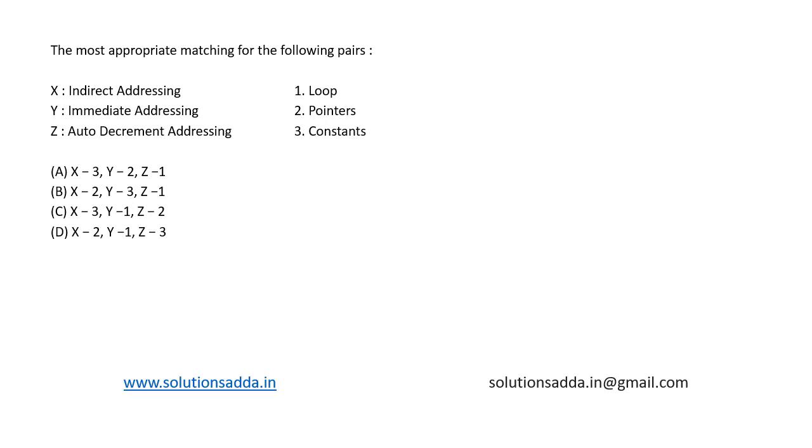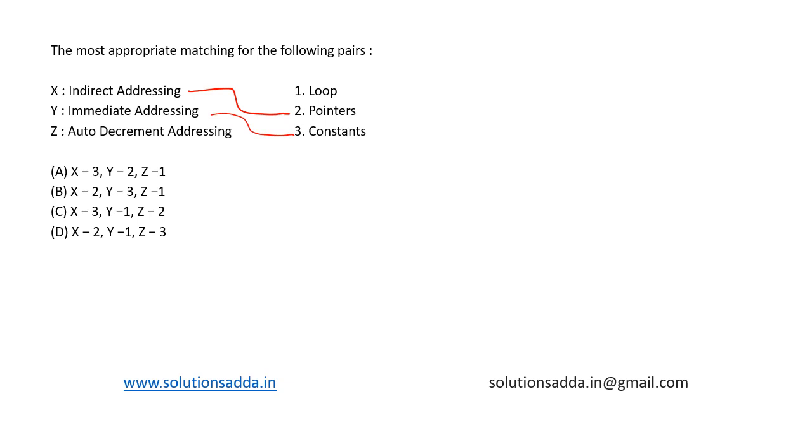It is indirectly specifying the address of the memory location where the data is stored. So it is indirectly calling pointers. So X points to 2. Next is immediate addressing. In immediate addressing mode, the data to be used is immediately given in the instruction itself. So it deals with constant data. So Y is 3. And the next one is auto decrement mode.